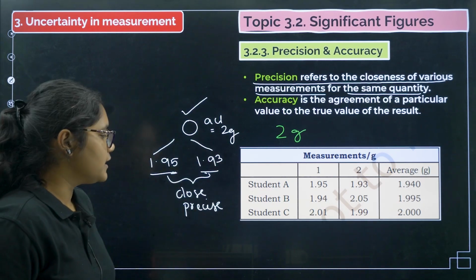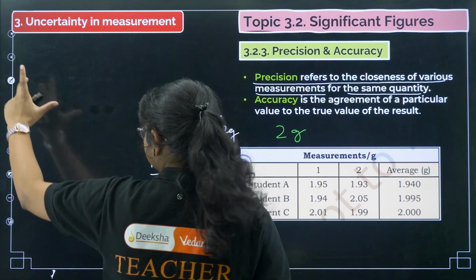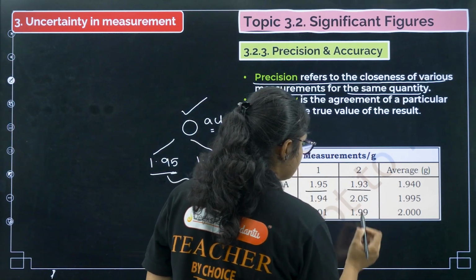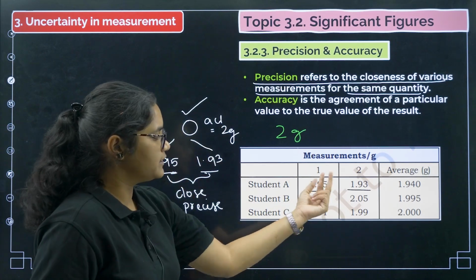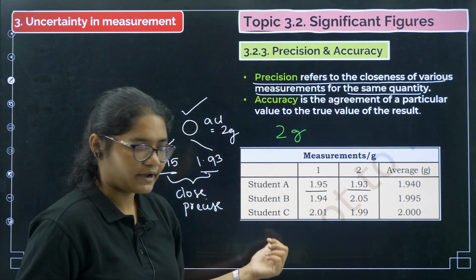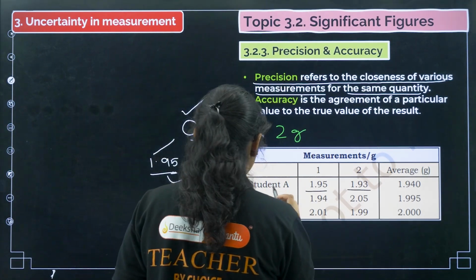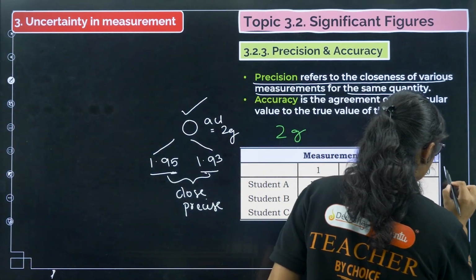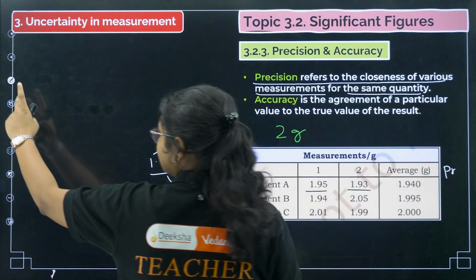Now here, student A has got two measurements, 1.95 and 1.93. These two measurements are close to each other, so I can say the student A's measurements are precise. Let us make a table here.